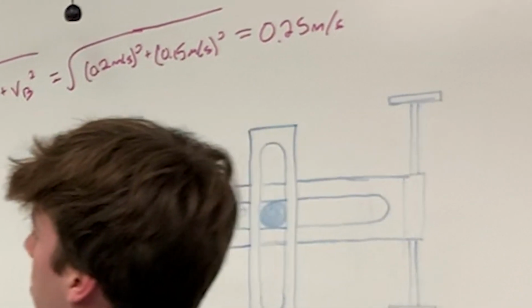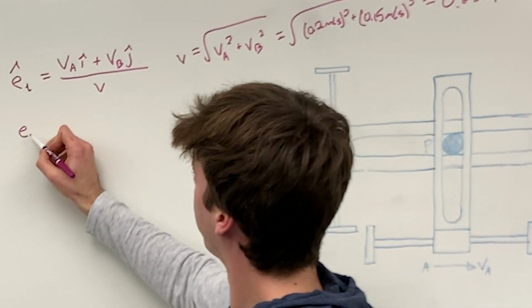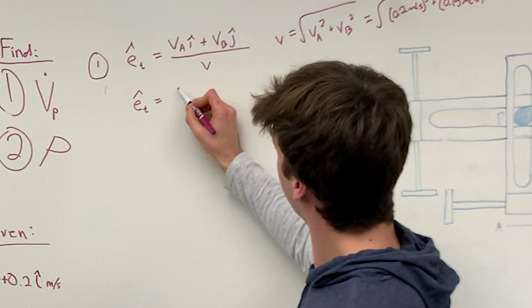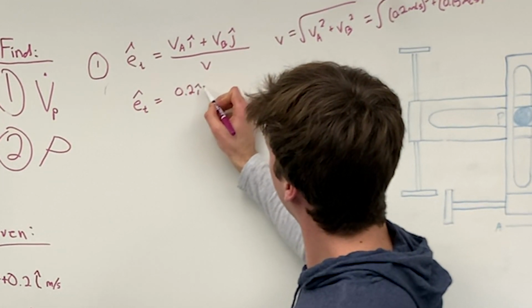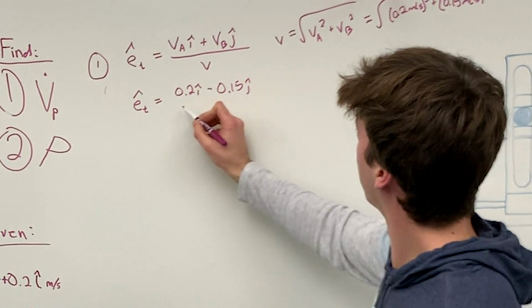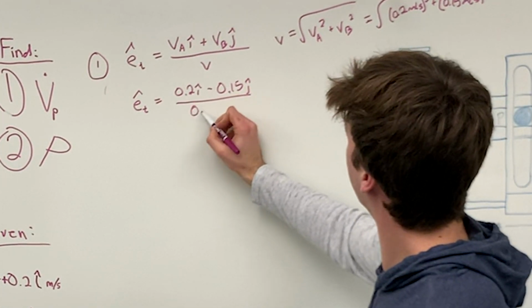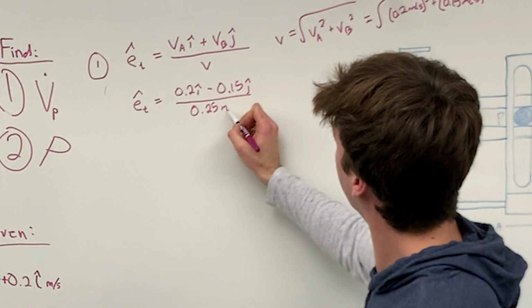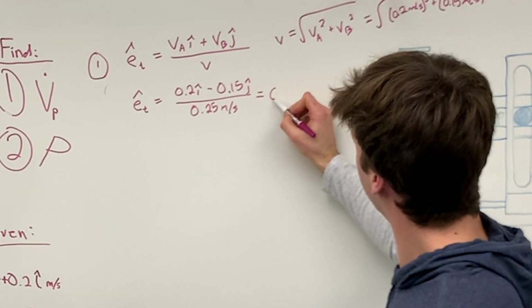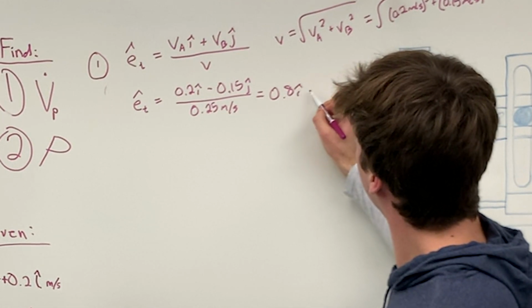So back to our formula for ET hat. Once you plug in the numbers, you end up with 0.2 I hat subtract 0.15 J hat over 0.25 for our magnitude. And then that ends up equaling ET hat is equal to 0.8 I hat subtract 0.6 J hat.